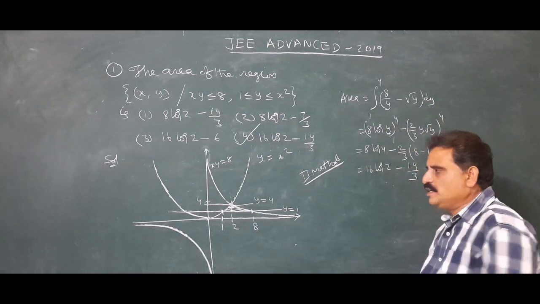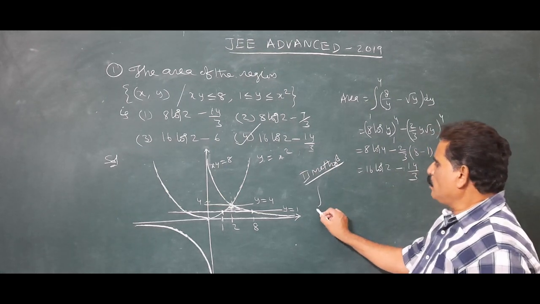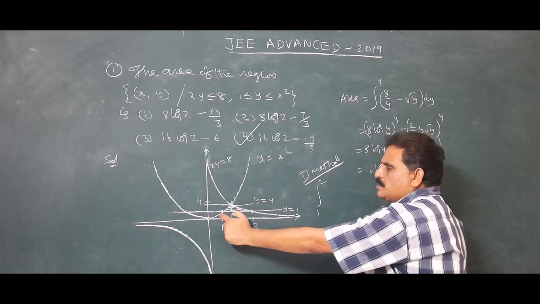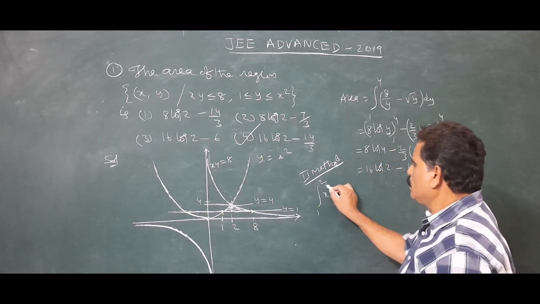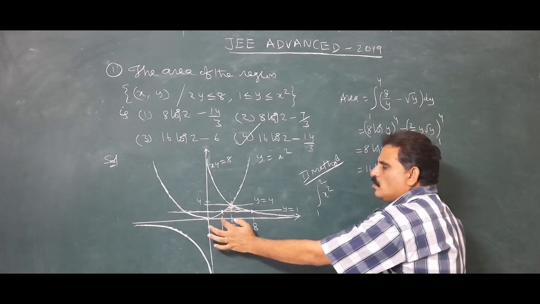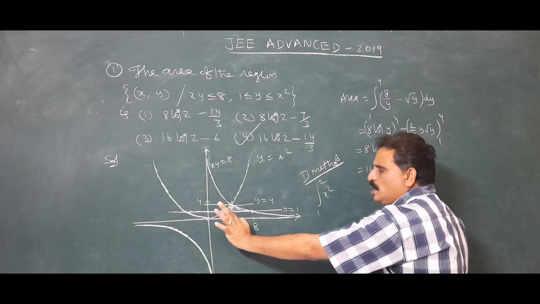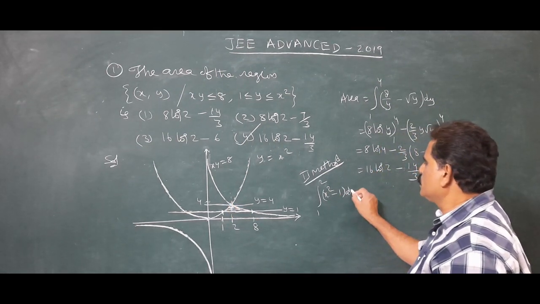If you are going that way, x varies from 1 to 2. Here, integral 1 to 2, convert in terms of x, y = x², so x² minus this line y = 1, so minus 1 dx.